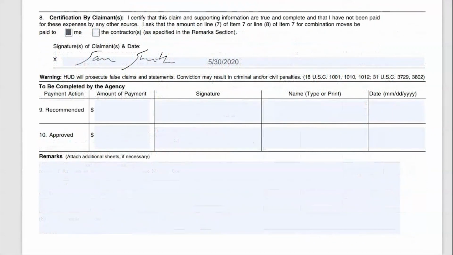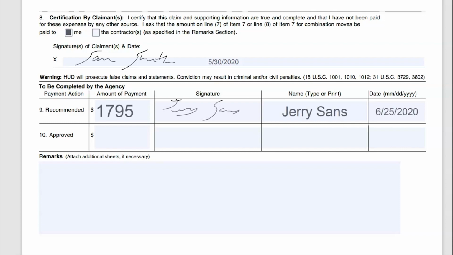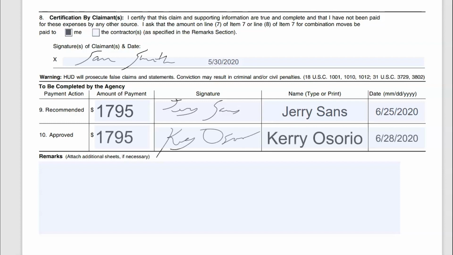Then in the final section to be completed by the agency, the subrecipient will determine the amount eligible to the claimant and approve it through their approval process. The subrecipient should have the reviewer input the recommended amount, sign, print name, and enter the date. Then the approver will input the recommended amount, sign, print name, and enter date.